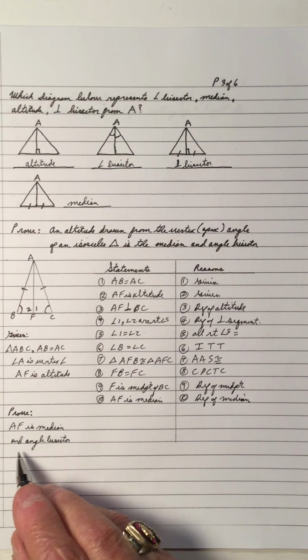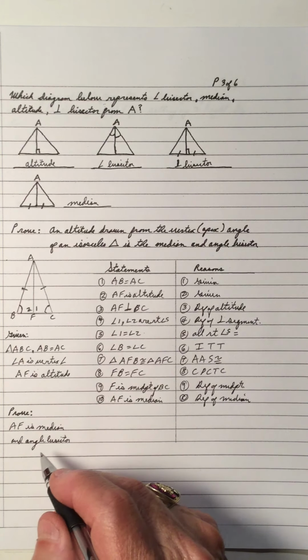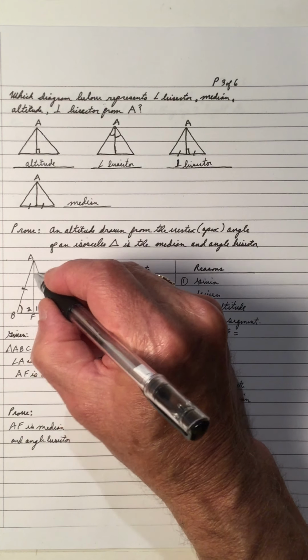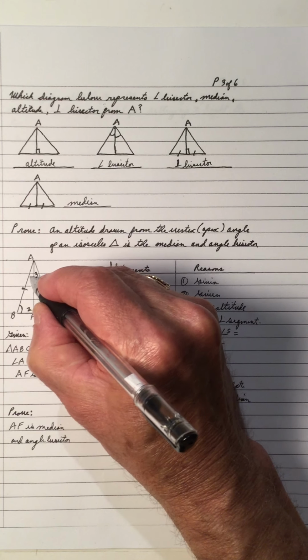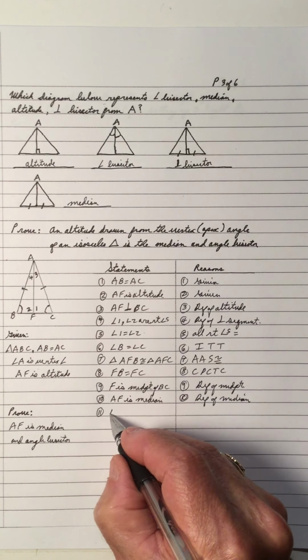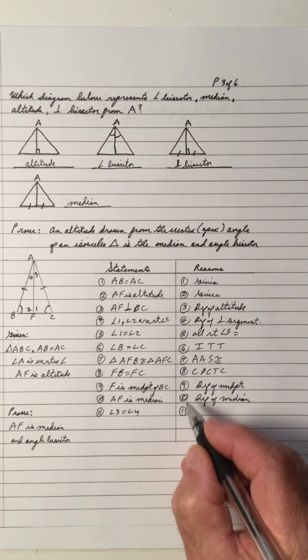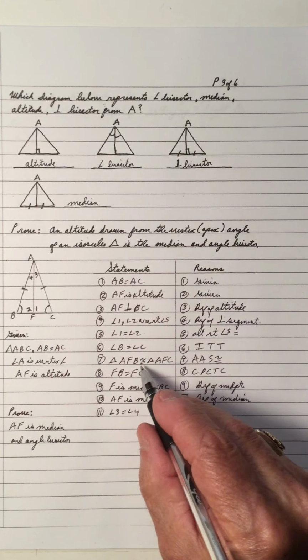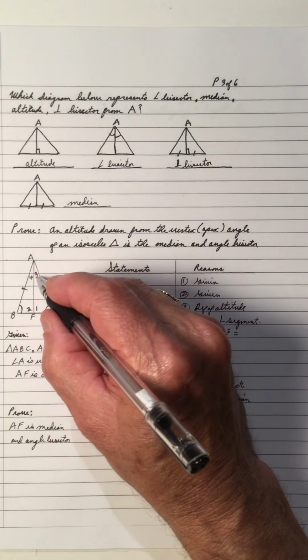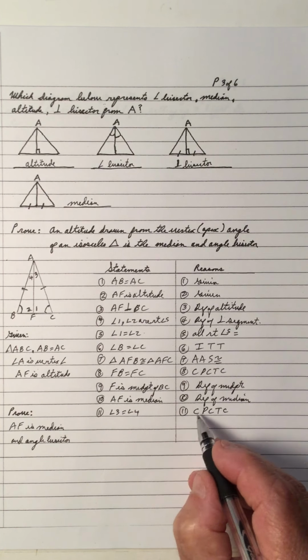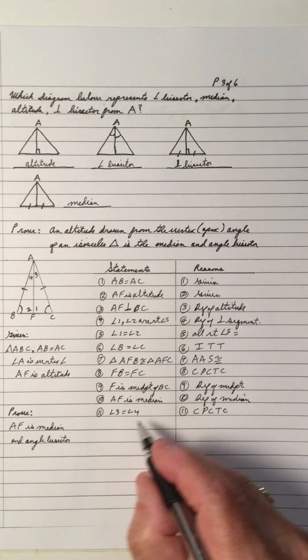Now we have to prove that AF is an angle bisector. If this is an angle bisector, let's call these two angles 3 and 4. That means that angle 3 is going to equal angle 4 because these two triangles are congruent by AAS. So angle 3 is equal to angle 4, CPCTC. Corresponding parts of congruent triangles are congruent.